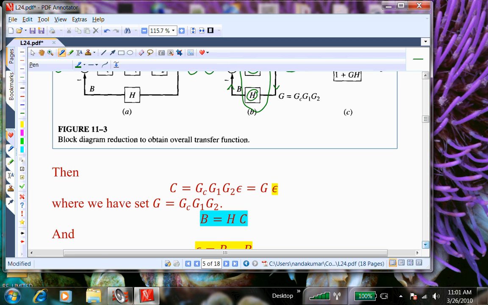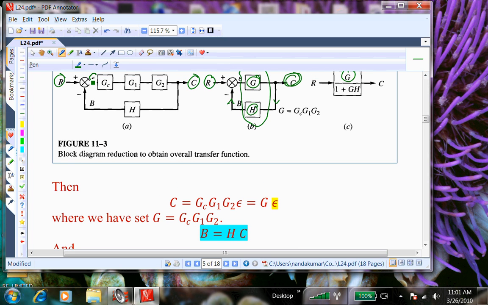The algebraic procedure simply says that C, the output, in the open loop case, is GC, G1, G2 times epsilon. Epsilon is the error that comes in here. So all I'm relating is C to epsilon, which is simply the product of GC, G1, G2 times epsilon. Then I let G be the product of these three.